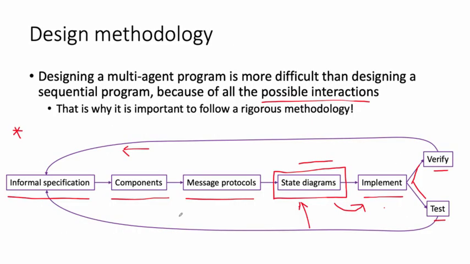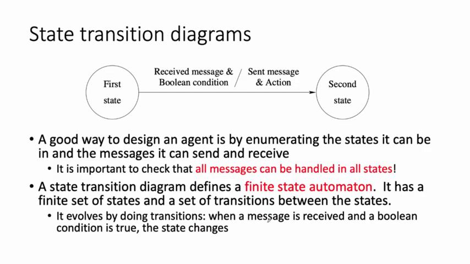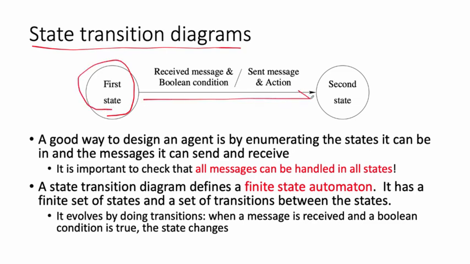I told you the state diagram is very important. Okay, state diagram. So we're going to build state transition diagrams. The states will be these circles, and there will be arrows connecting them. State transition. So you want to build an agent. Internally the agent has a program, but it has a state.